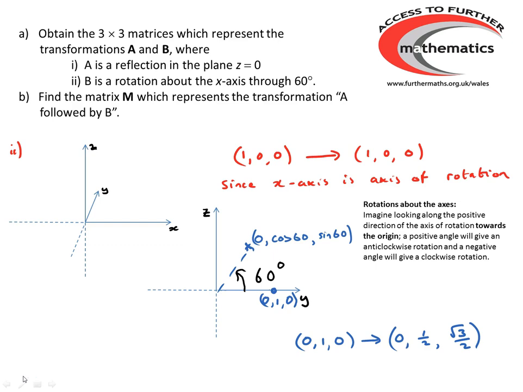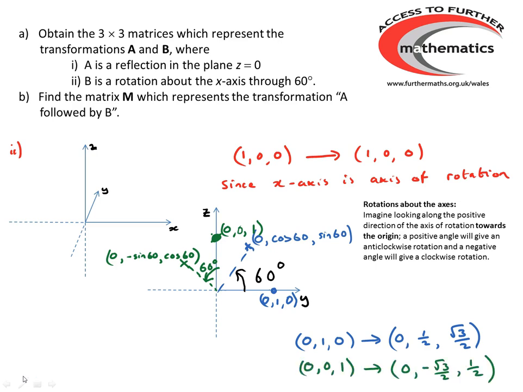Similarly, we need to consider the image of 0, 0, 1. And the point 0, 0, 1, once it's rotated around by 60 degrees in the positive, anticlockwise direction, becomes the point 0, minus sine 60, cos 60. So we know that 0, 0, 1 gets mapped to 0, minus root 3 upon 2, a half.